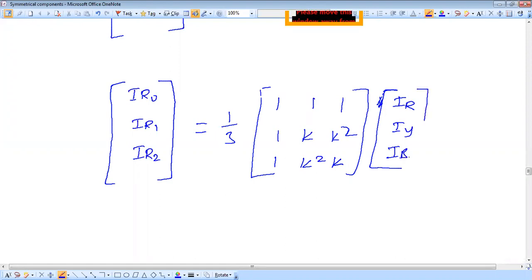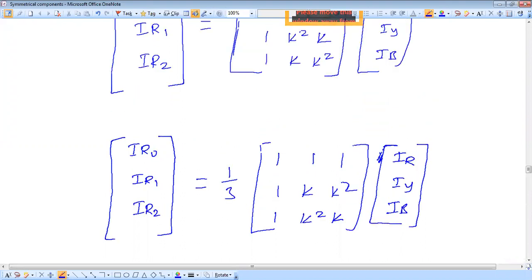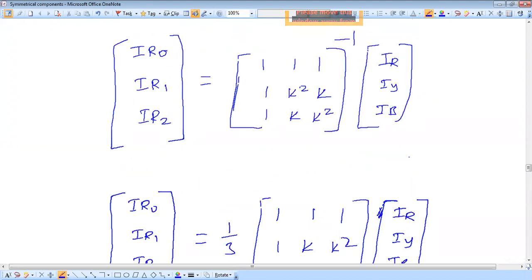Now, the extra term we get is one third, 1/3 is coming, and the last two rows are interchanged.